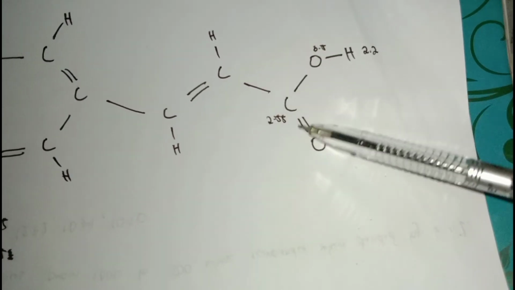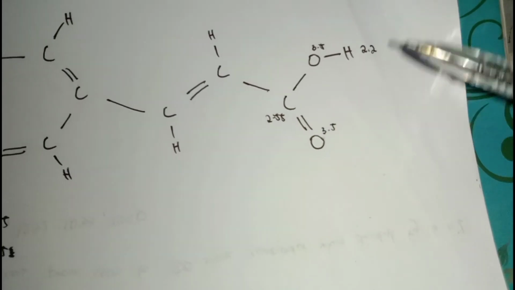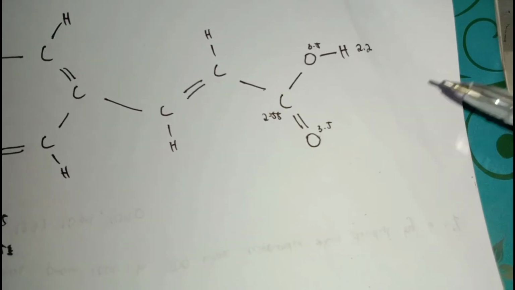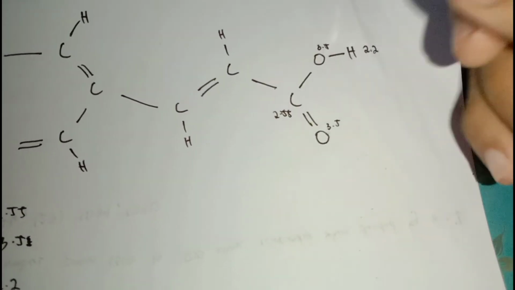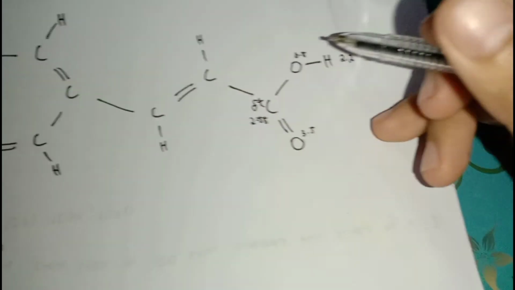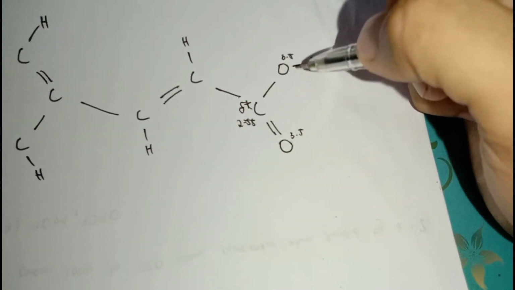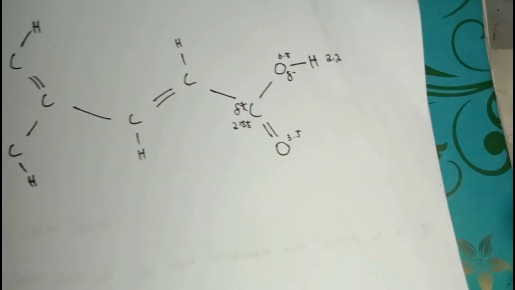In these two atoms, you can see that carbon has a lower electronegativity, so it would be a partial positive, and this would be a partial negative.